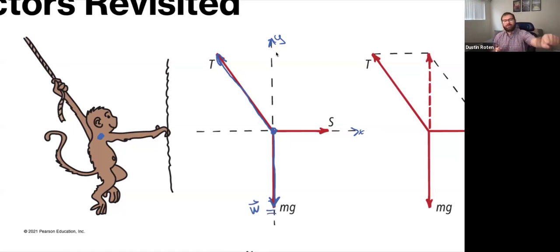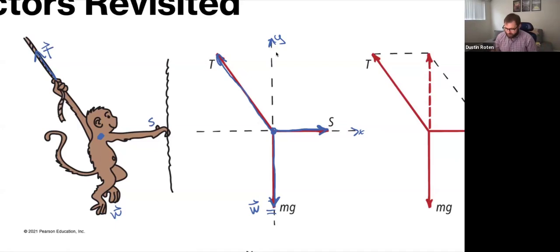Now, there's some more tension here, but here the book just labels it S, where it's holding on to this wall or this cage or whatever. Okay. So that's here, S, we have the weight down, and then we have the tension from the rope.